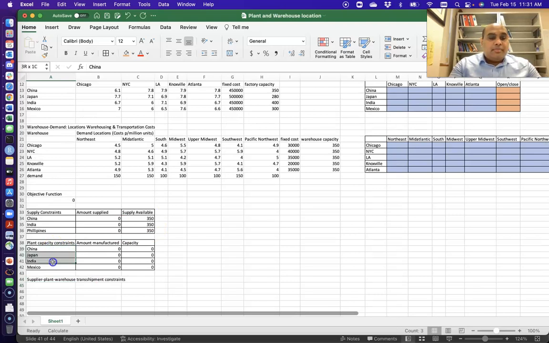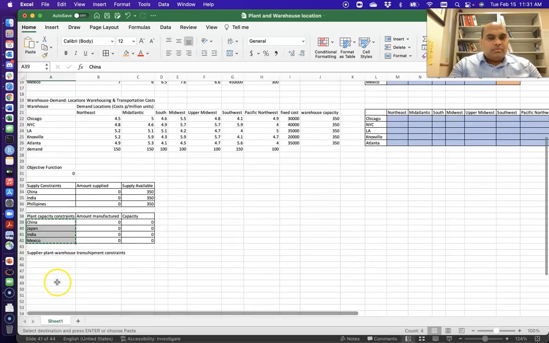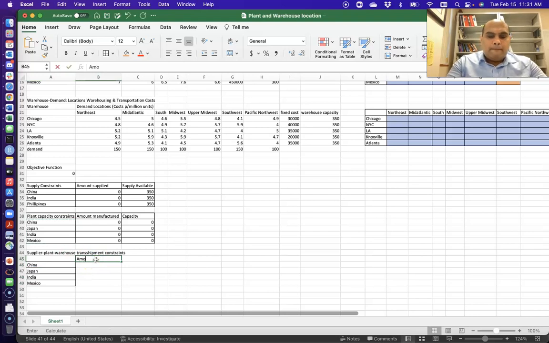So the transshipment is happening through the plants. So I'm going to do that. And so this is the amount. This is the coming in and going out.